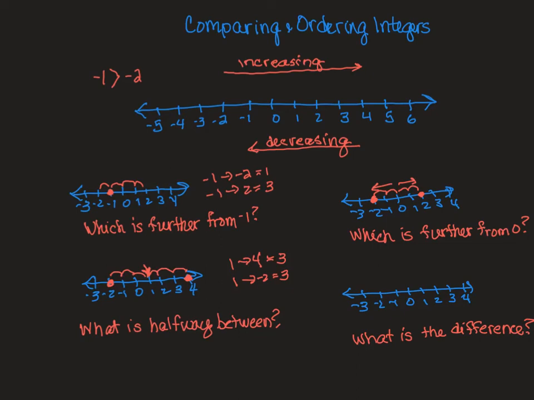The last one is, what is the difference? We talked about how the difference is the answer to a subtraction problem, and we're going to see that work out here too. What is the difference between 3 and -2? The difference is the space between them: 1, 2, 3, 4, 5. So that difference is 5.